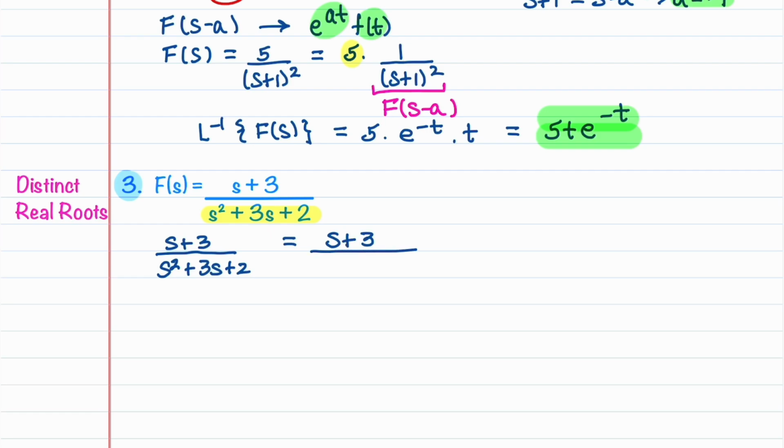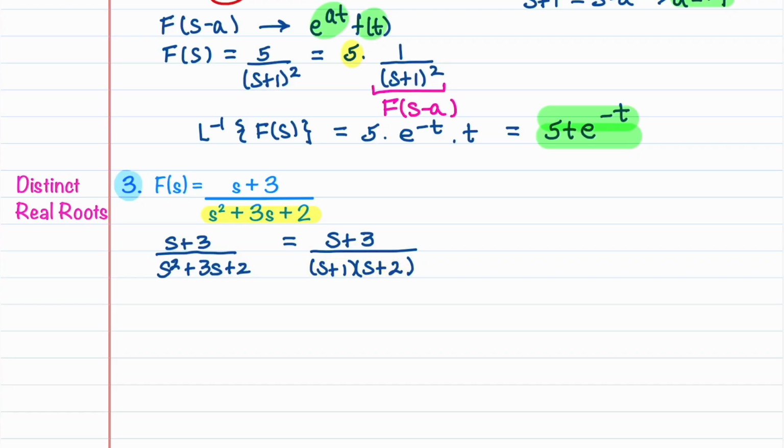Now let's see if the denominator factors. We can factor this into s plus 1 times s plus 2. Now our denominator has 2 linear factors.